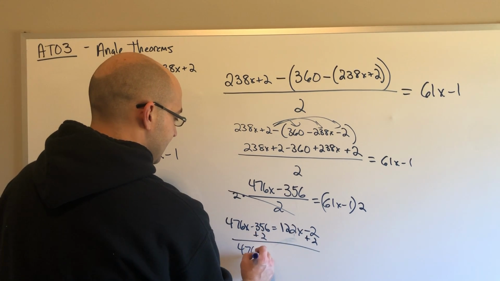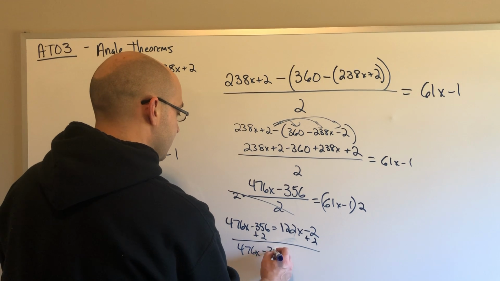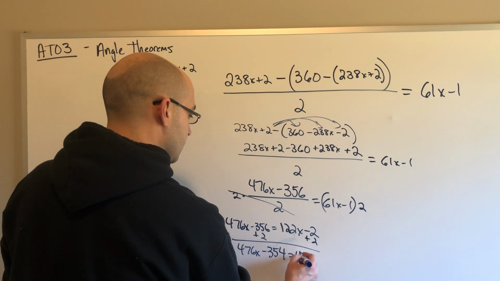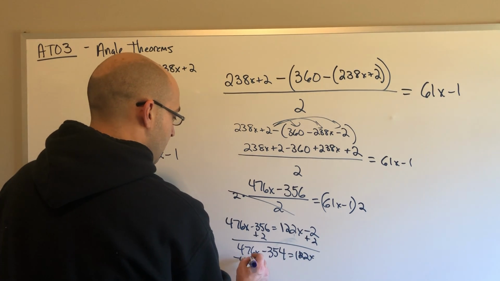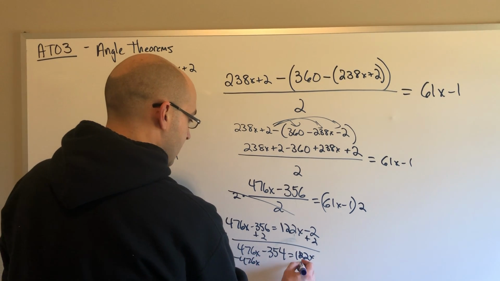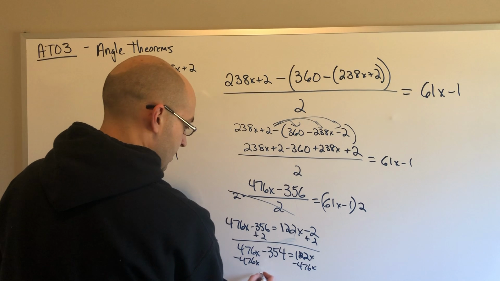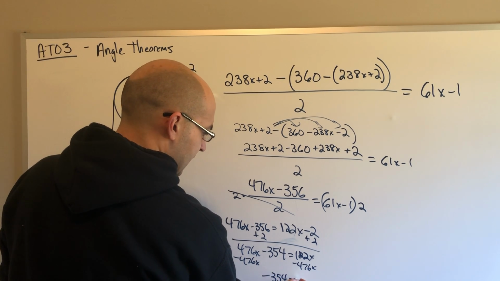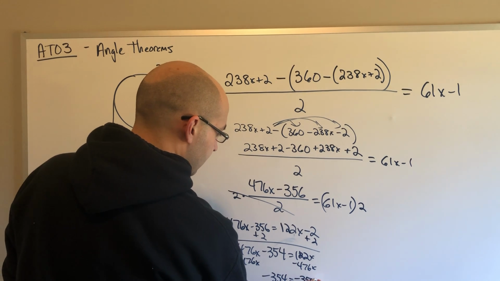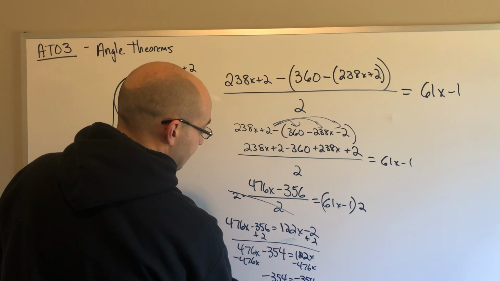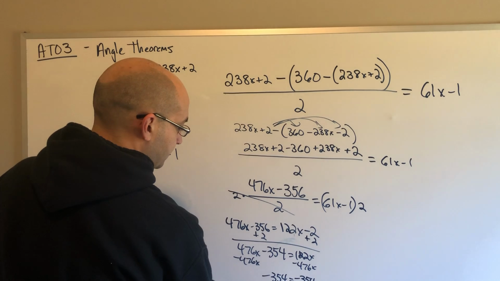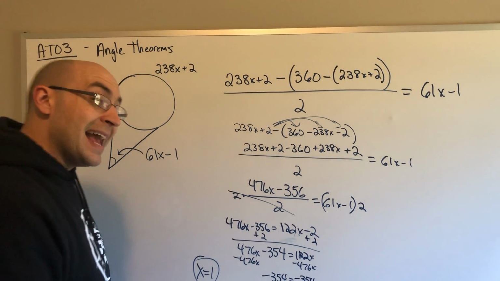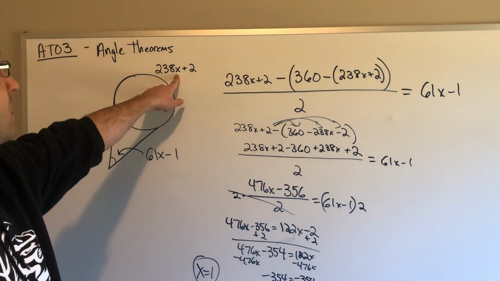So 476x minus 354 equals 122x. Subtract 476x on both sides, and I will get minus 354 equals a negative 354x. Divide by negative 354 on both sides, and I'll get x is 1. And that's the answer. X equals 1 for both of those values.